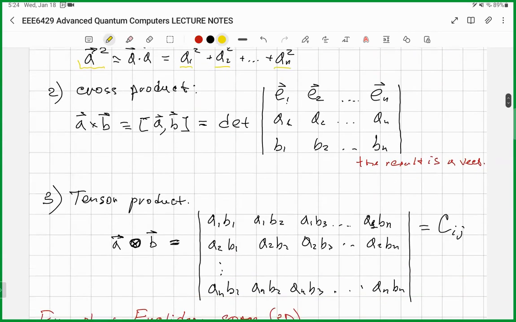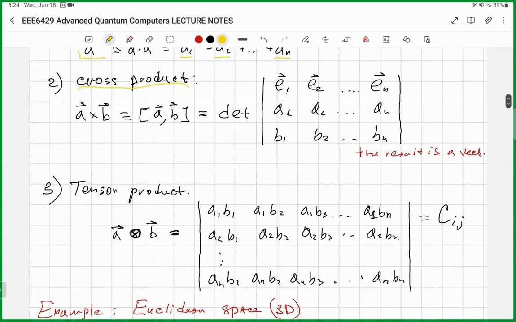The second product is the cross product. The cross product is denoted by this cross here, or a comma in square brackets. The way we calculate the cross product is as a determinant of three rows. The first one is the row of basis vectors, right?